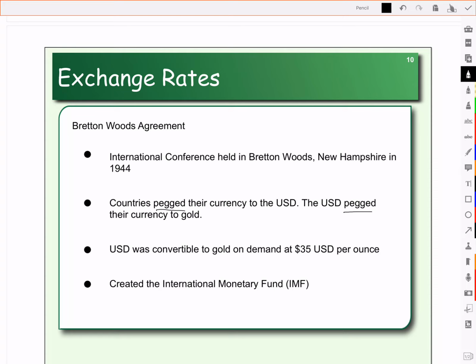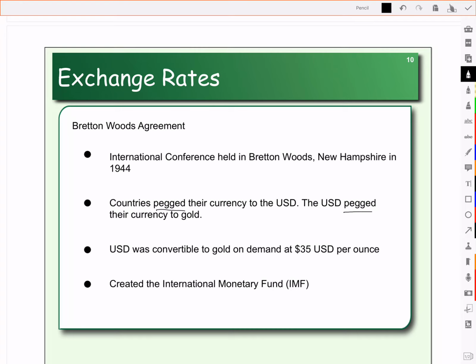So the US was able to convert gold on demand at 35 US dollars per ounce. Okay, so we're setting a value of the US dollar, and then we can fix our exchange rate between our country and the US. The other thing that this did is it created the International Monetary Fund.